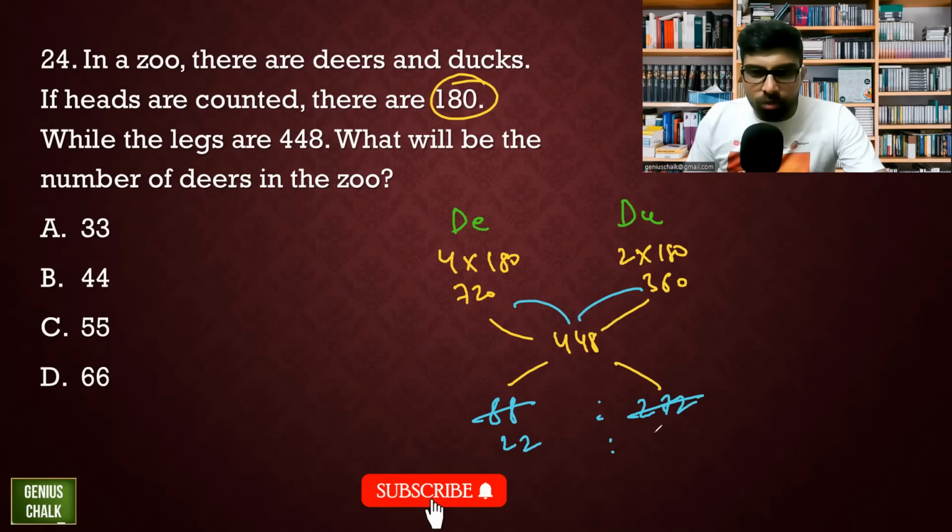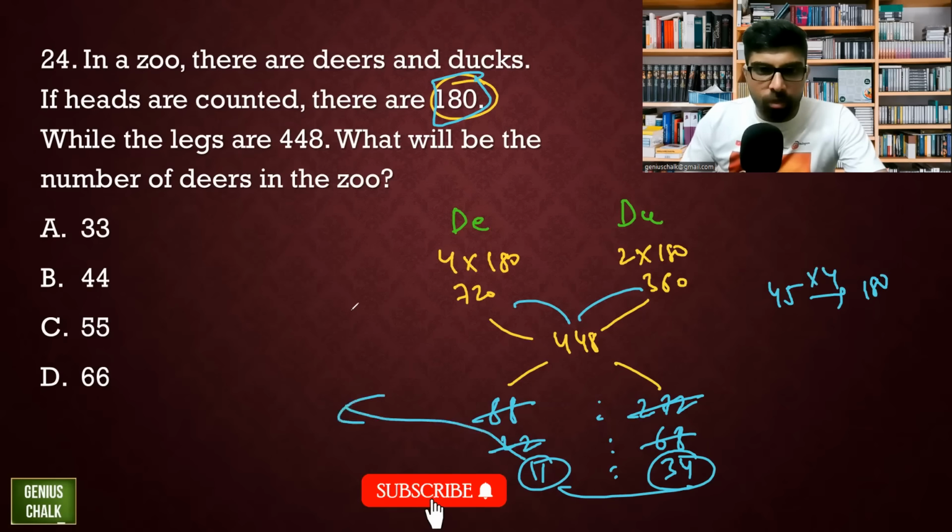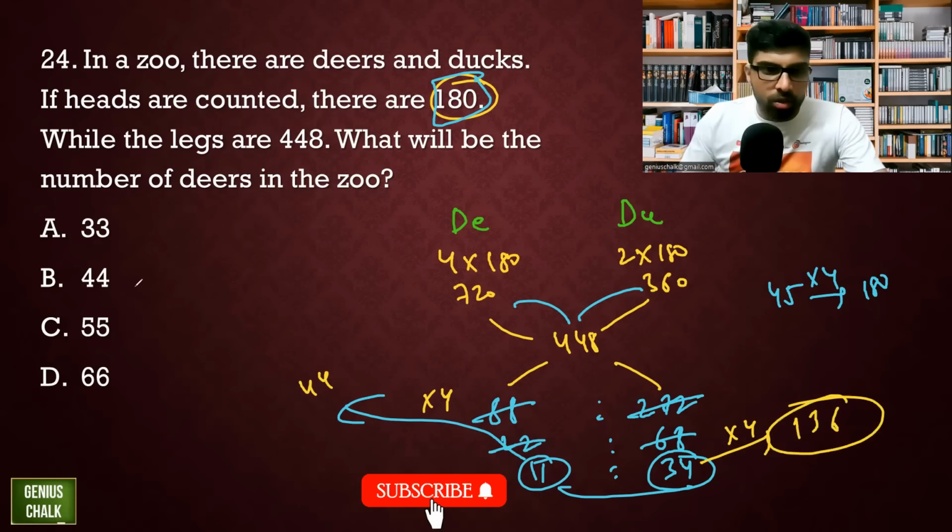So 11 and, dividing by 2, 34. 11 and 34 is how much? 45, and the 45 value is 180, which is 4 times. So 11 also will be 4 times. That is 11 into 4, 44. 34 into 4 is also 136. So this way is also giving you the answer.